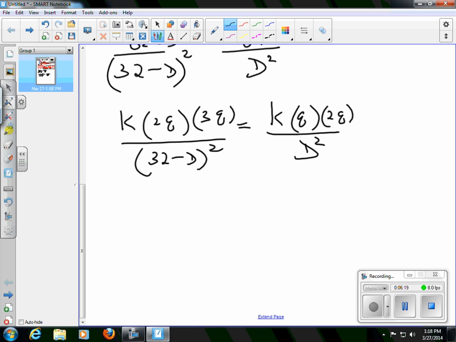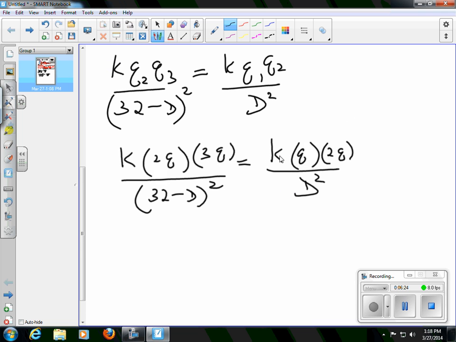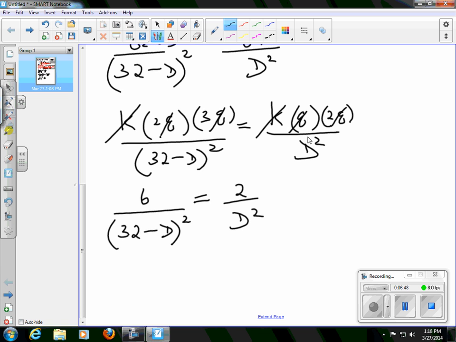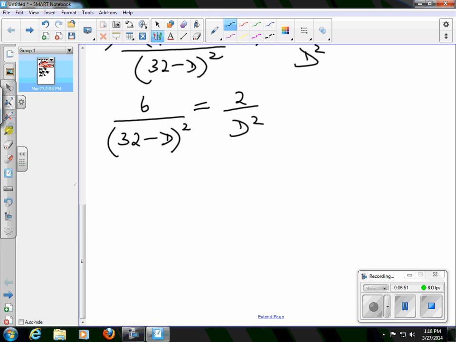Yes, they all cancel. Now 6d squared is equal to 2 times 32 minus d whole thing squared.